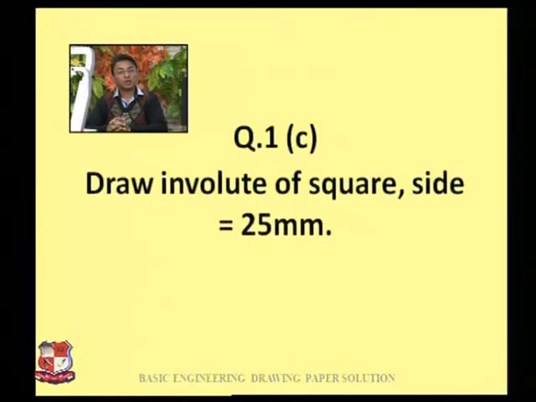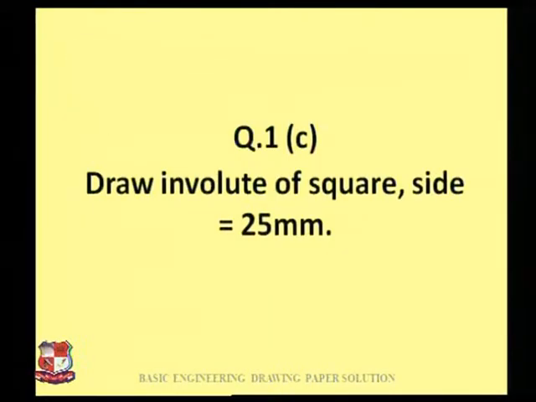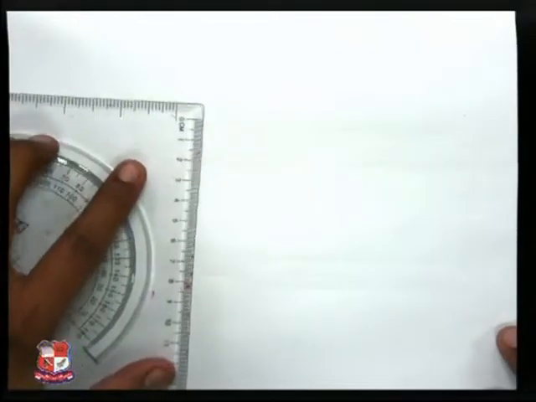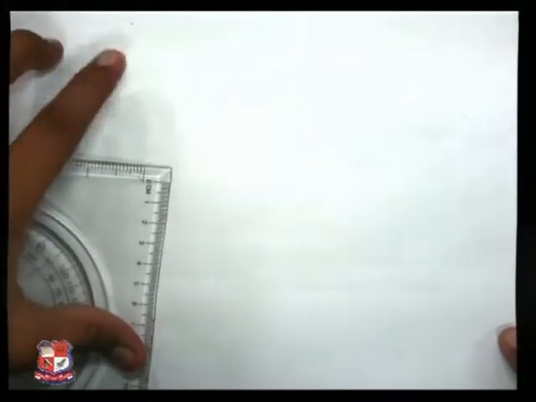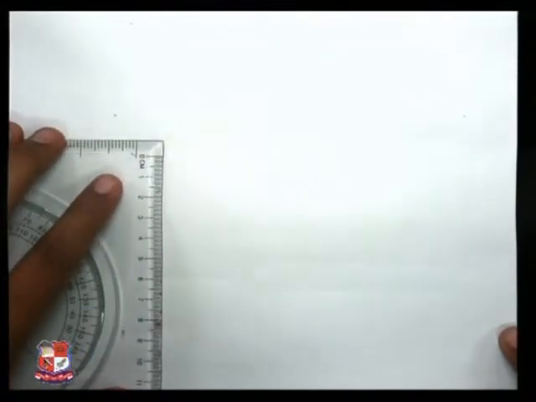Involute means that we have unfolded a polygon into a string, and this polygon is captured while we unfold it. We'll see this involute of the square. For this, we have been given the dimension of 25 mm.